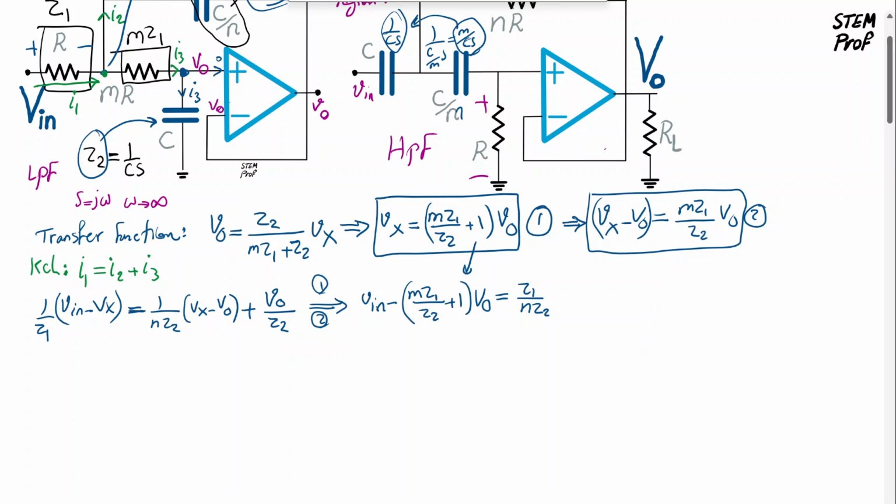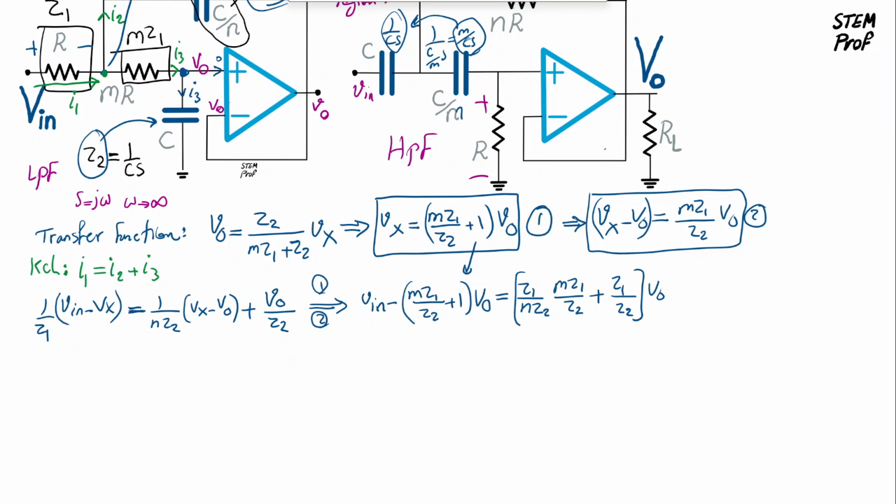So instead of Vx minus Vout, I'm going to write mZ1 over Z2 times Vout, and I have plus Vout over Z2, which I can factor out Vout and just write it 1 over, let's not forget Z1 over Z2. So plus Z1 over Z2 and times Vout.